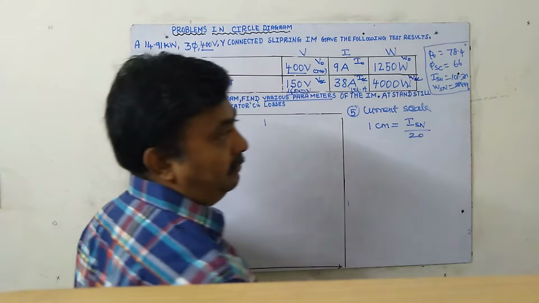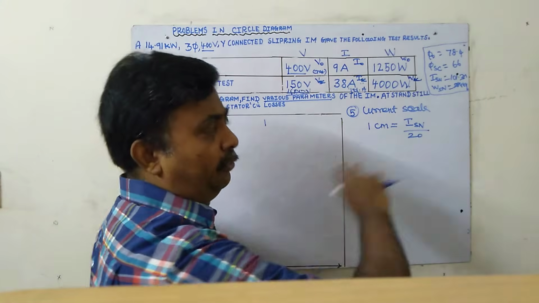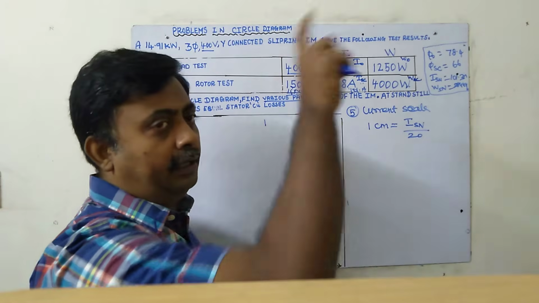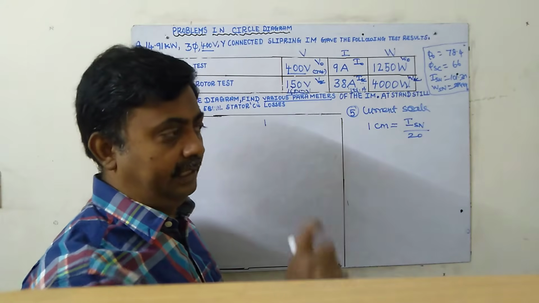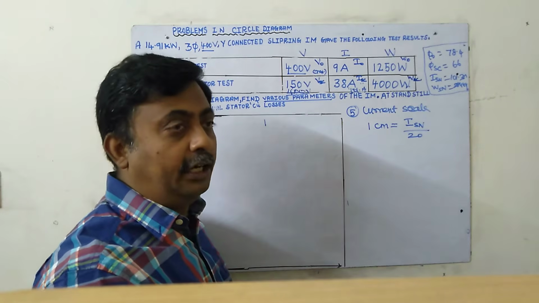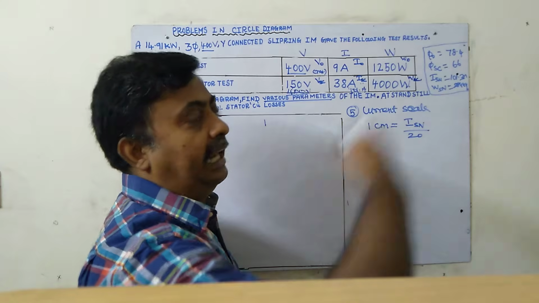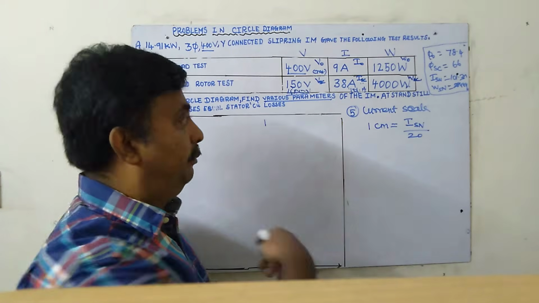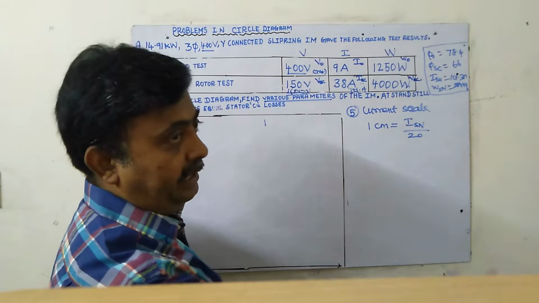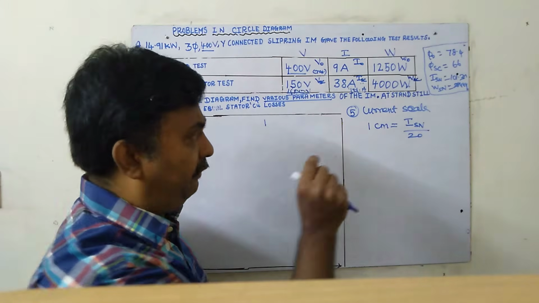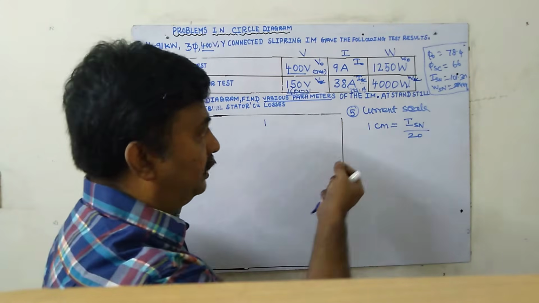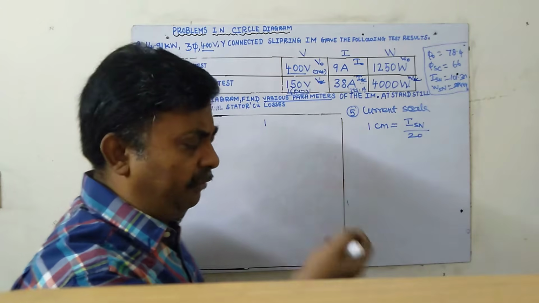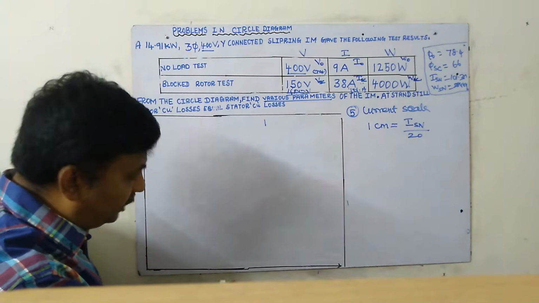Normally, if you take this, your circle will be very neat and big in size and it won't overlap your graph, because if you take a very large scale, sometimes it will go out of the graph. If you give 1 centimeter equal to a very small value, the circle diagram will be very small in size.